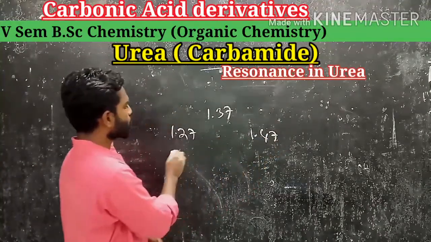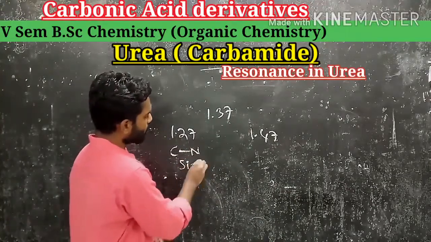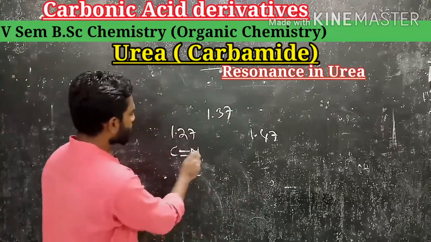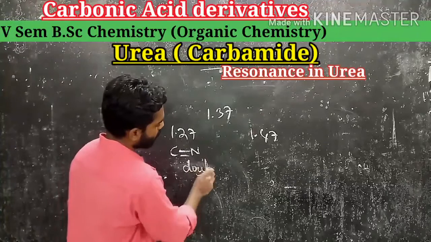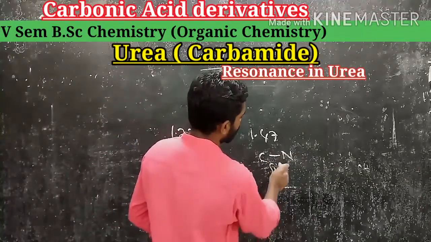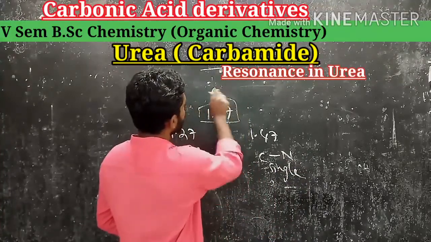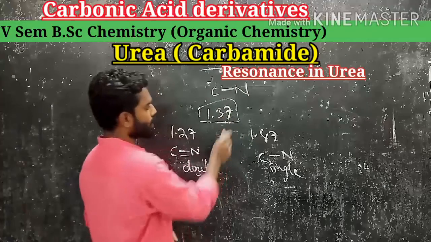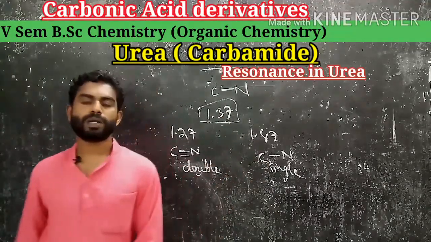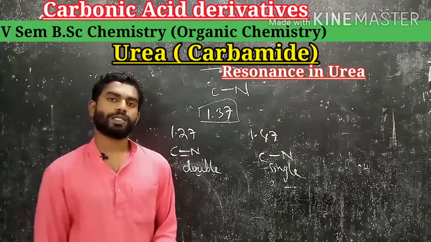So 1.27 is the CN double bond and 1.47 is the CN single bond. The urea CN bond is 1.37, so it is in between single and double bond.